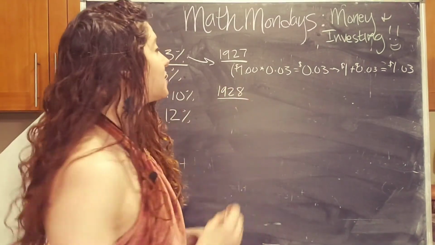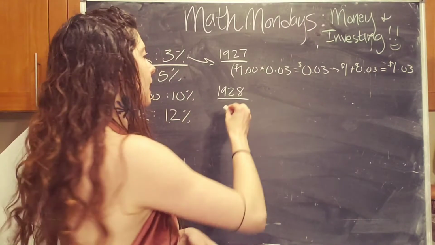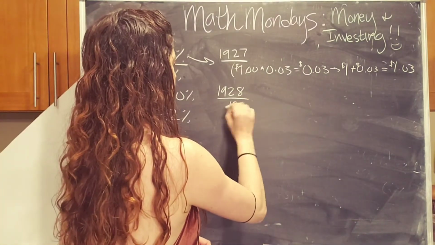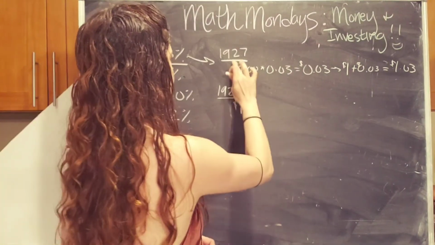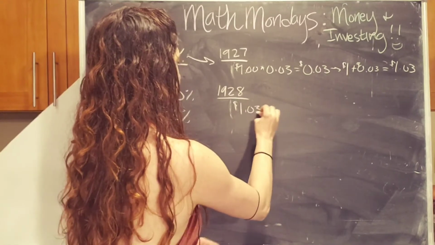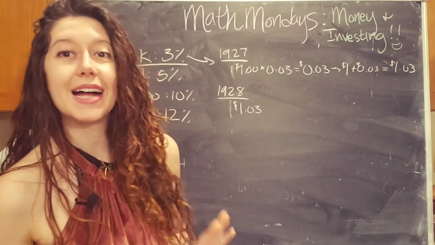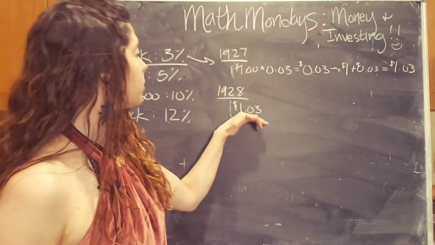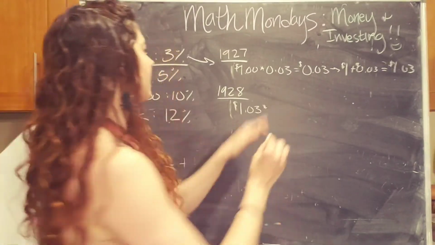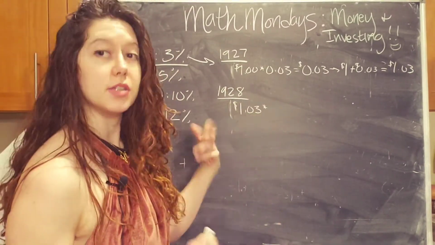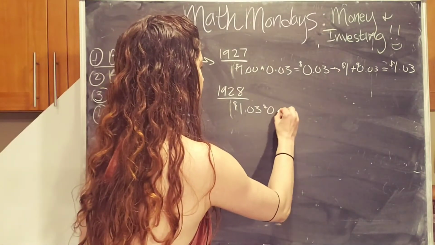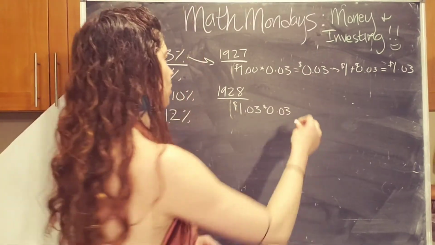Well, so now in 1928, we start with a bank account of $1.03. And then the bank account adds another 3% to this value. So we have to figure out what is 3% of $1.03. So again, we multiply by 3% or 0.03.